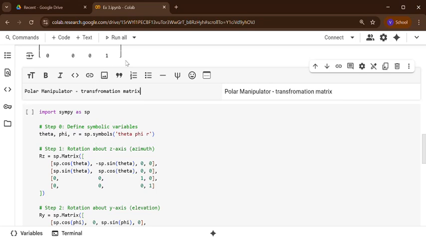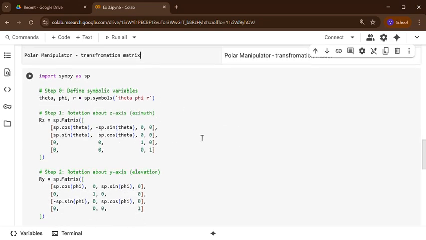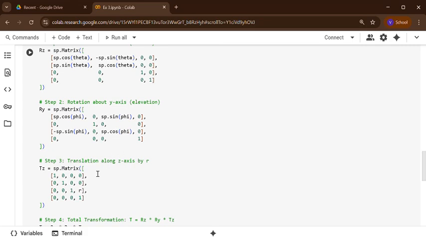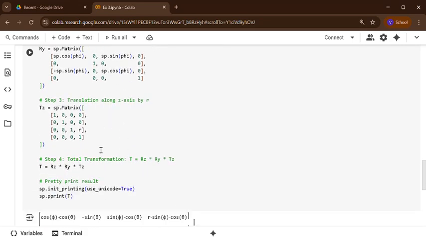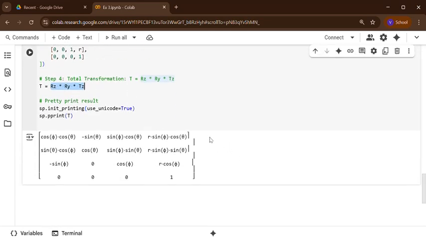For that you define, as usual, the same as whatever you followed before. So theta, phi, because there are 2 rotations and 1 translation movement. One rotation is about the z axis, another rotation is about the y axis, and another movement is along the z axis. So you can define the matrices, then multiply them. First is translation, then y, z, and then you will get the matrix like this.